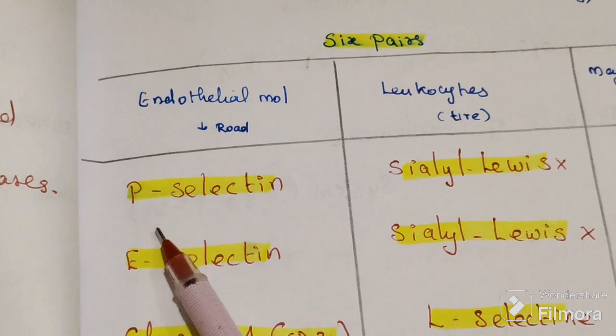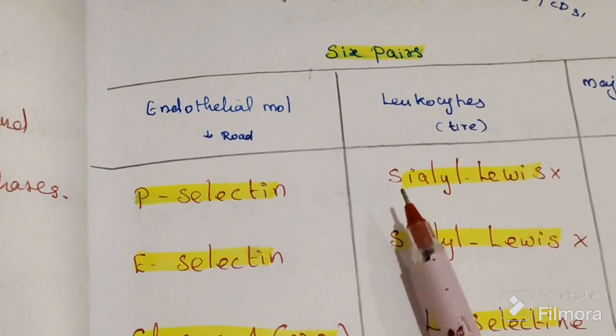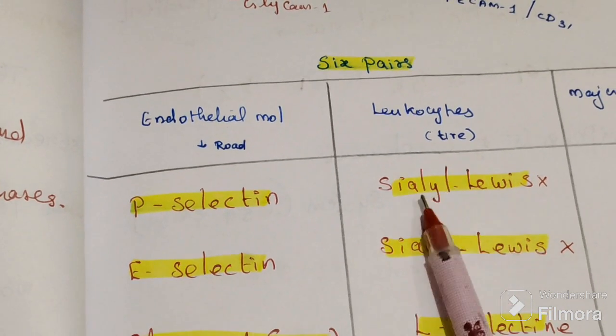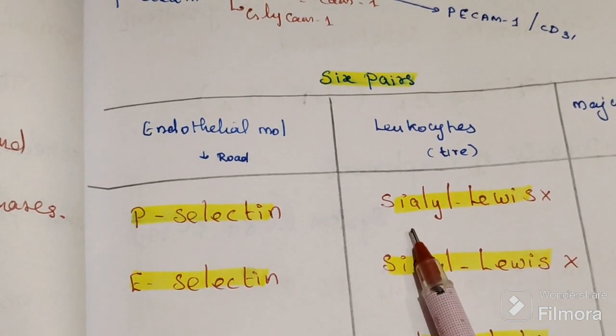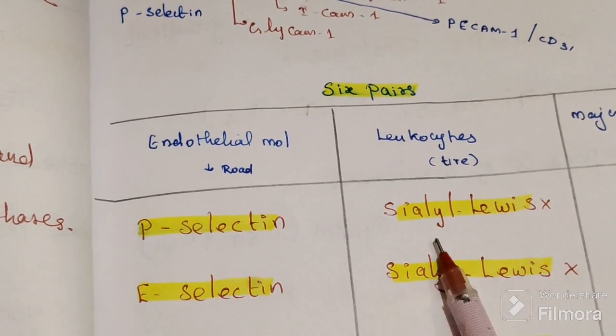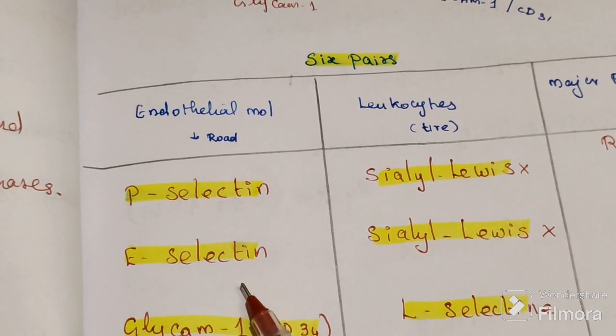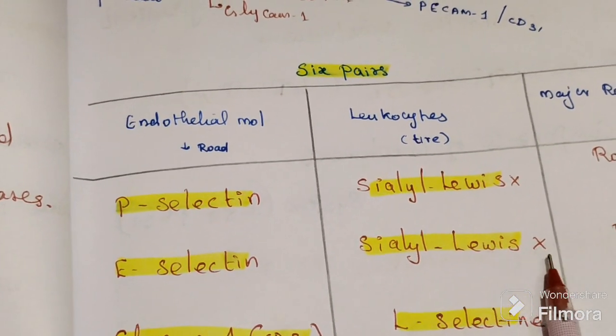Here the endothelium has P-selectin, and the leukocyte, the tire, has sialyl Lewis X. This one is the receptor. Then E-selectin and sialyl Lewis X.